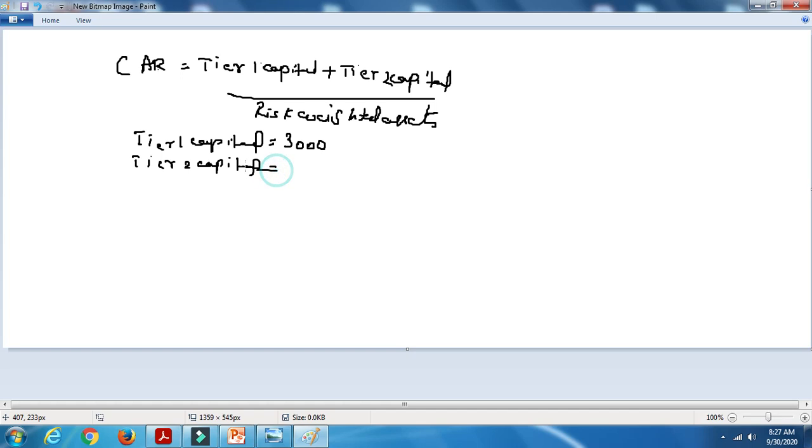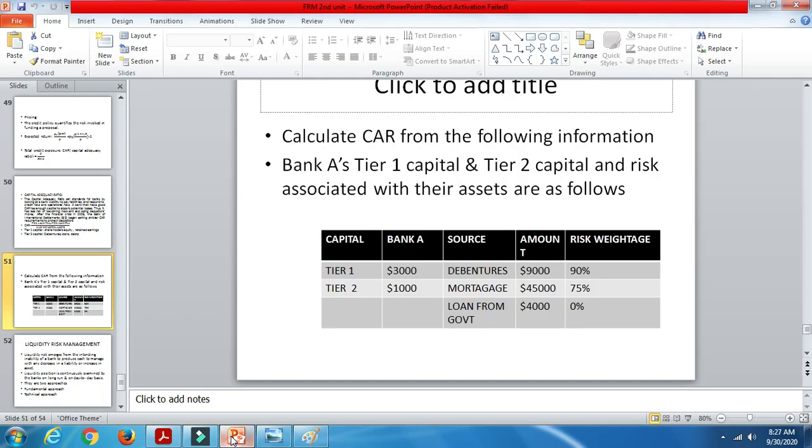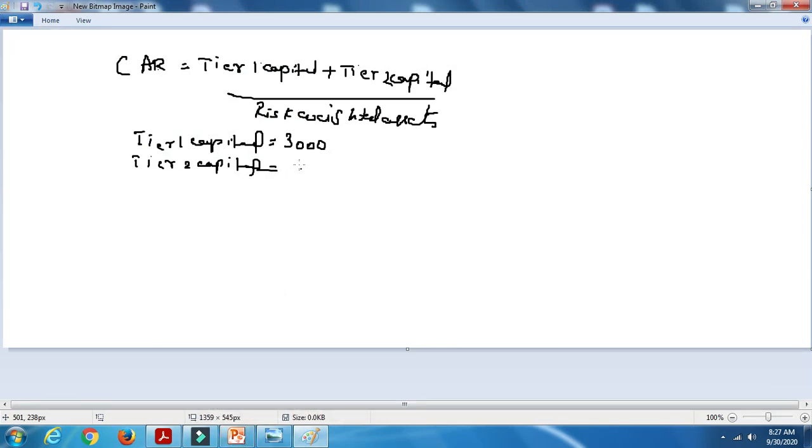Tier 2 capital he has given as 1000. So you're going to take in the numerator 3000 plus 1000 divided by risk weighted assets. Now risk weighted assets, you need to calculate that.